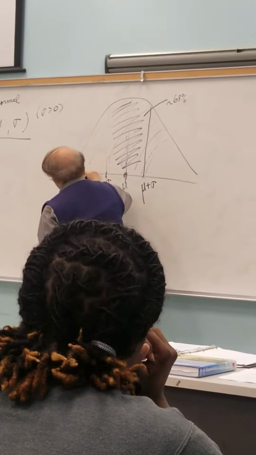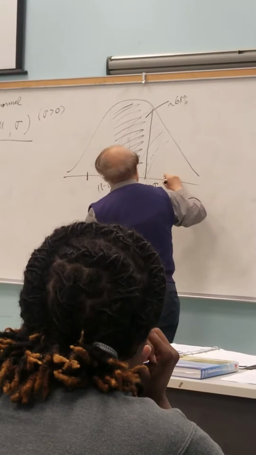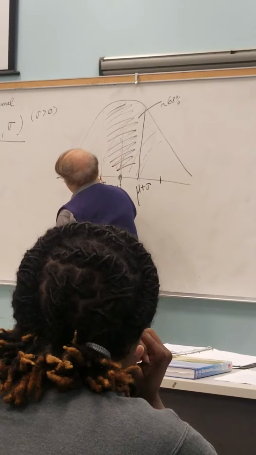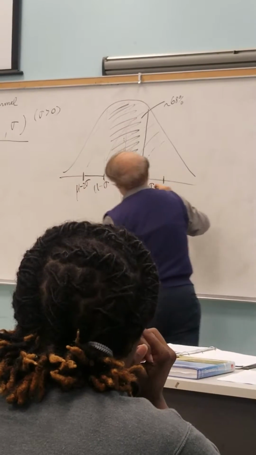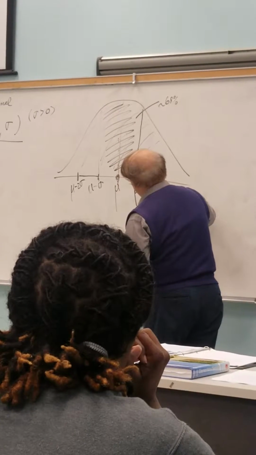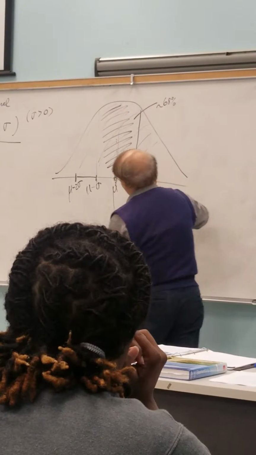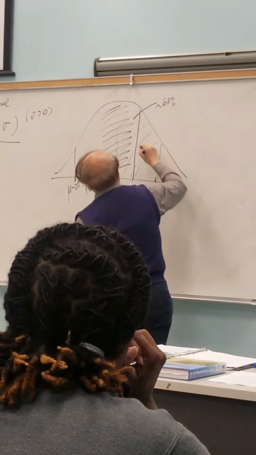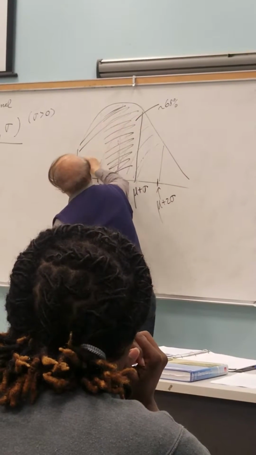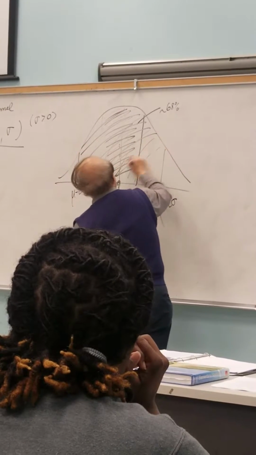Now, do you remember another statement of the empirical rule? If you go up, this is the sigma. So this is mu minus twice the standard deviation. This is mu plus twice the standard deviation. So how much area is within 2 standard deviations from the center? Do you remember? About 95%, right?